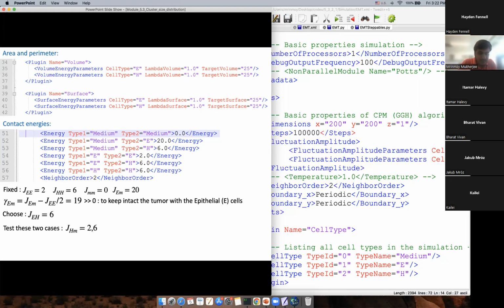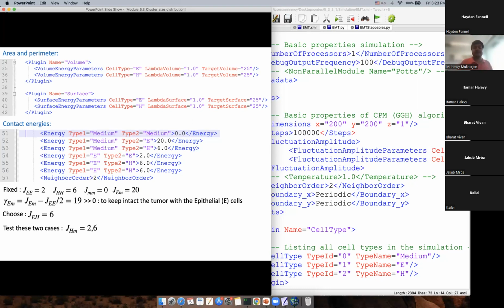We can calculate this by the cell-medium contact energy minus the cell-cell contact energy divided by 2, because 2 cells are involved. So here we choose this gamma, or surface tension, between epithelial cells and medium to be a very high number, much greater than 0, to keep the tumor of epithelial cells intact.